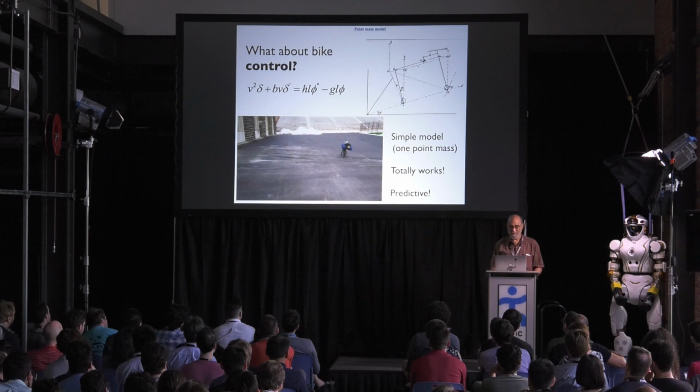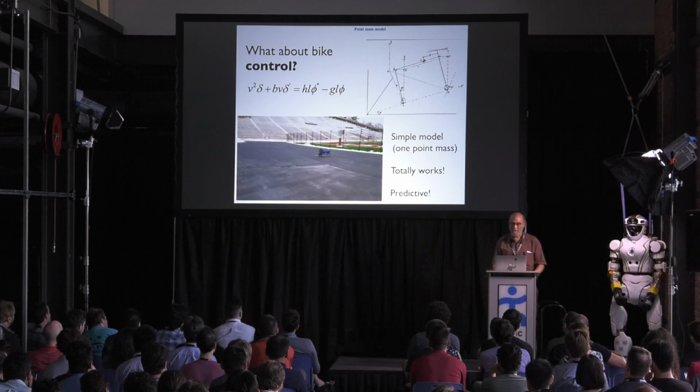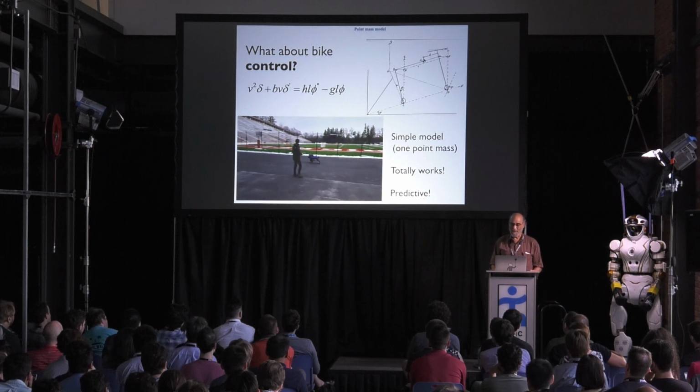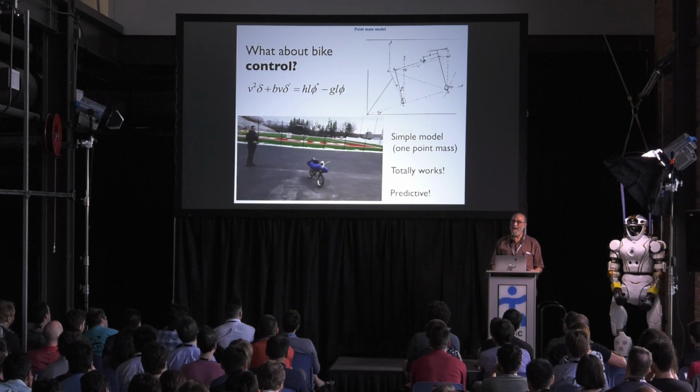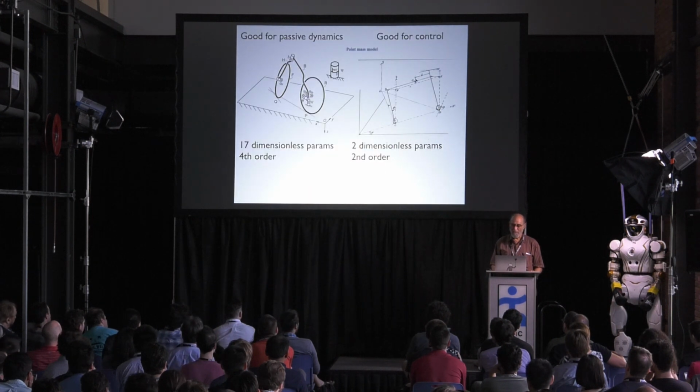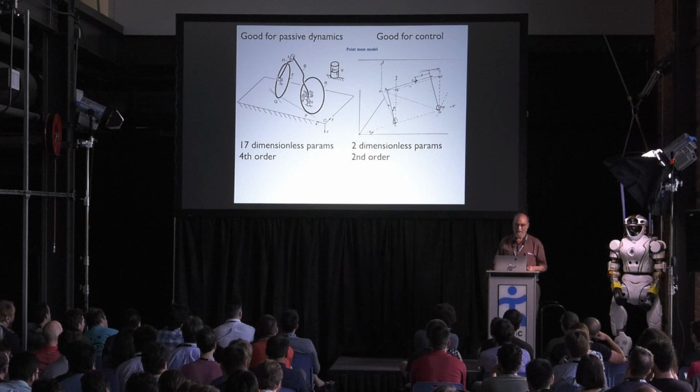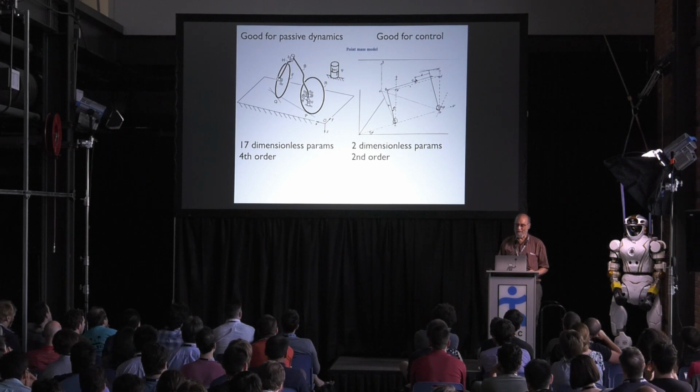This is the first new video I showed. So you can make a good controller for this bicycle with a point mass model. Now, people have not yet done that with walking, but I think they will. So here's this complicated model on the left, good for passive dynamics. Here's this simple model on the right, and it's way simpler.